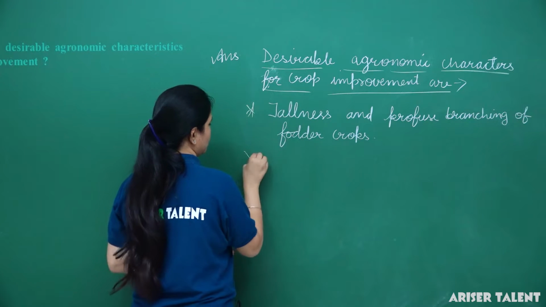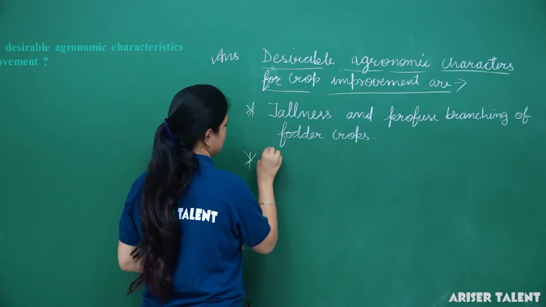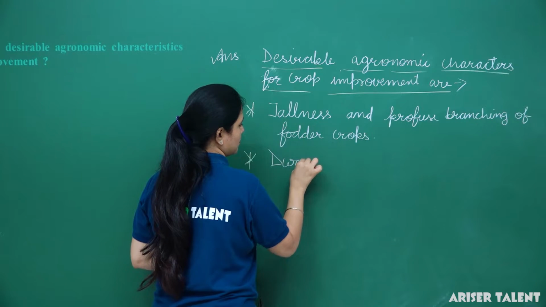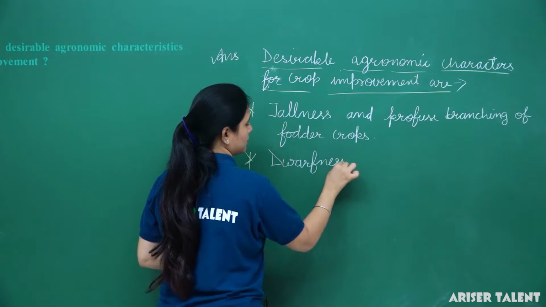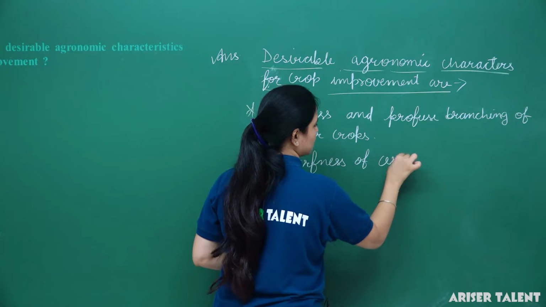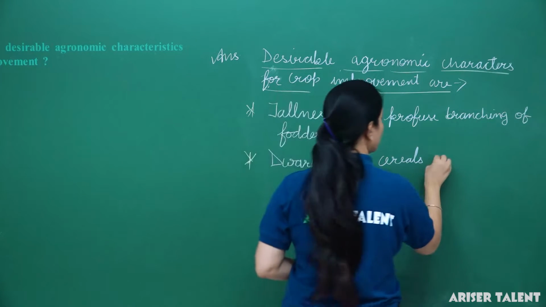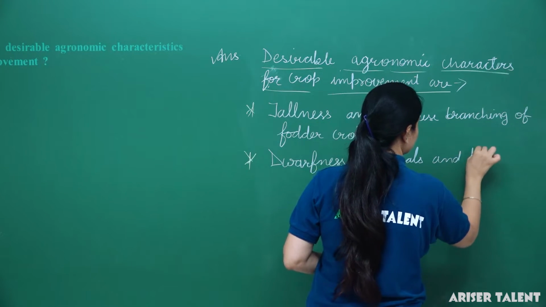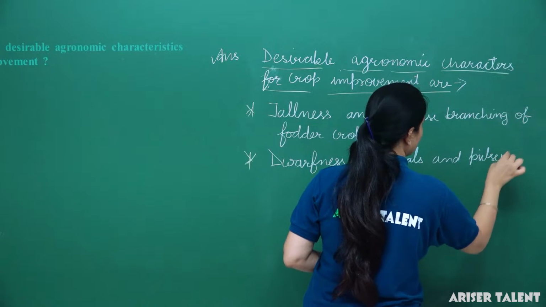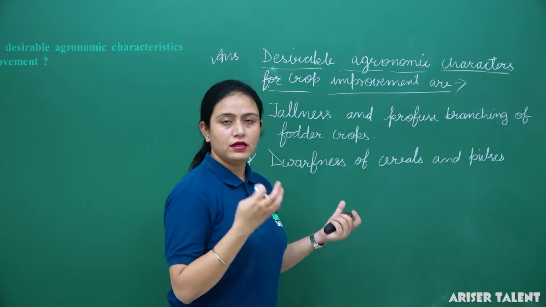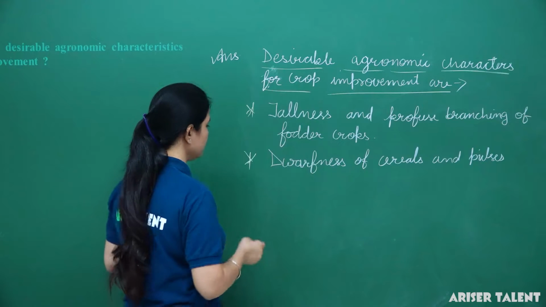Another is dwarfness of cereals and pulses. Why is it so? So that they can absorb less nutrient from the soil.